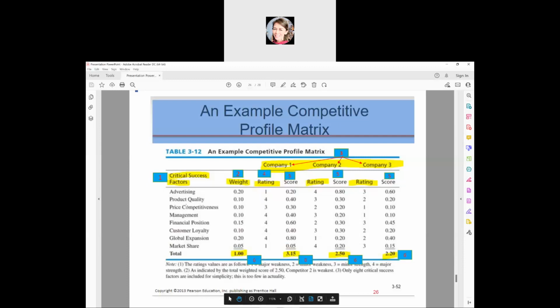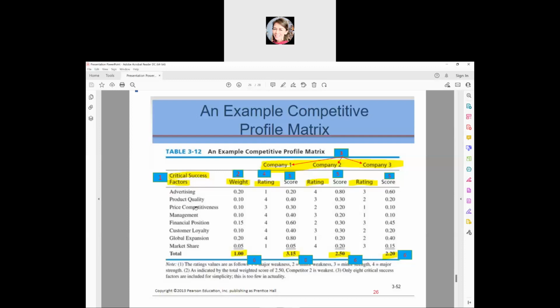Remember we talked about environmental scaling earlier on: economic, culture, and whatnot, technology. So this is what it translates into, critical success factors. The scaling of the environment translates into critical success factors, and these are the factors that affect the organization.